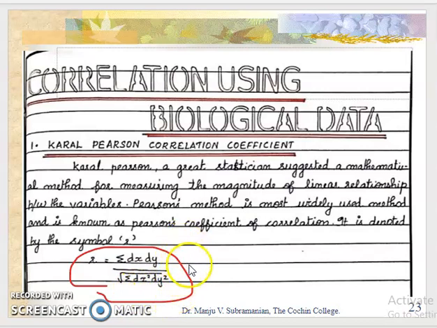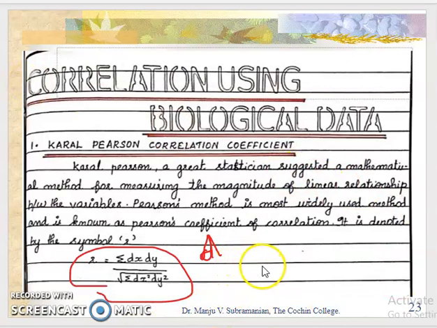So this is the equation by which we are able to calculate the Pearson correlation coefficient, and it is the most widely used method. You know what D is? D is a deviation, and x and y are the variables. Sigma is a sum.